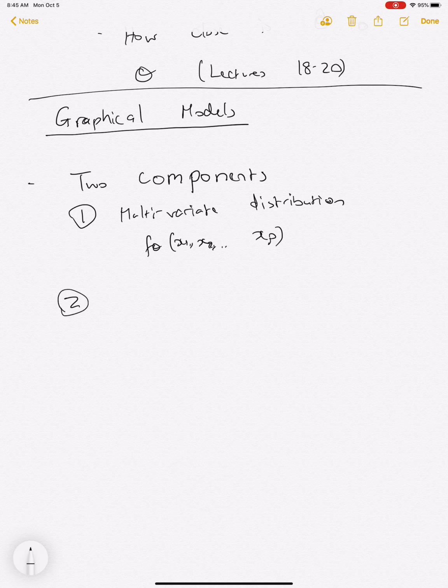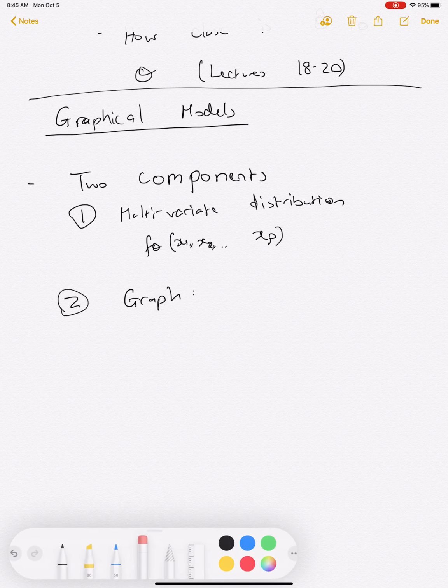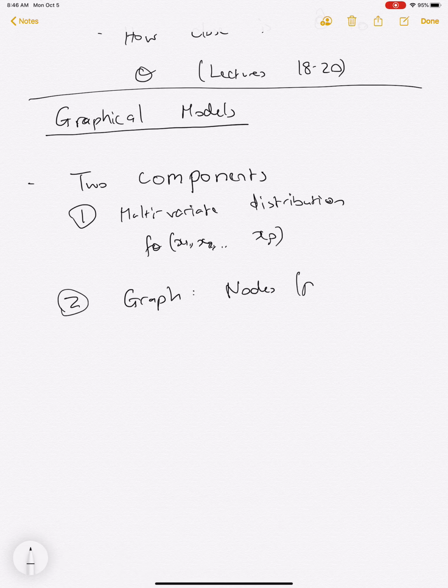We haven't defined that yet, but we will shortly. And then there's a graph, which is made up of essentially just nodes, and what's going to be important here, there are going to be p of them, and edges.